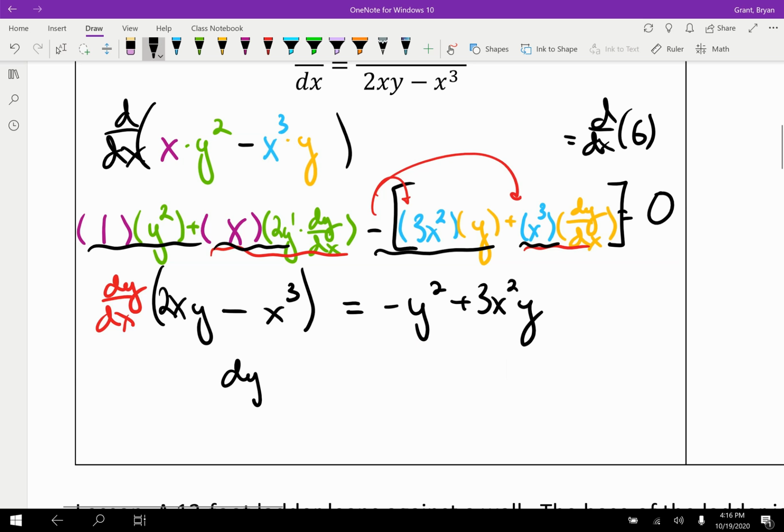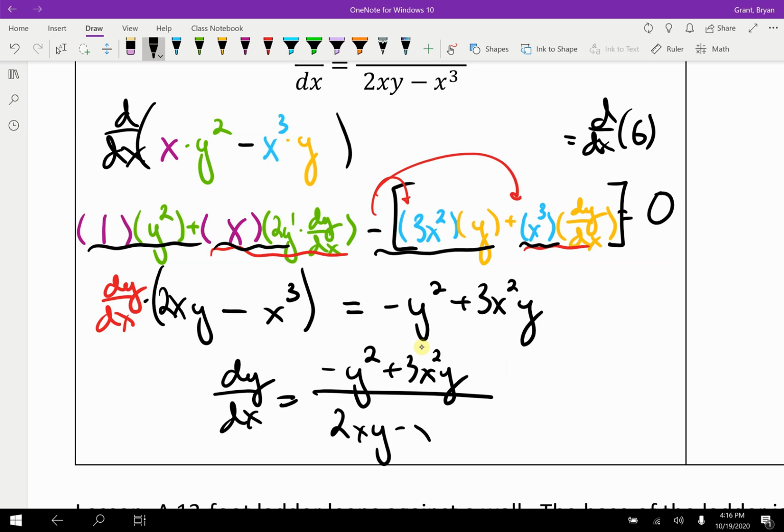And then finishing off, we need to divide by our 2xy minus x cubed, so that gives something like this, plus 3x squared y divided by 2xy minus x cubed.